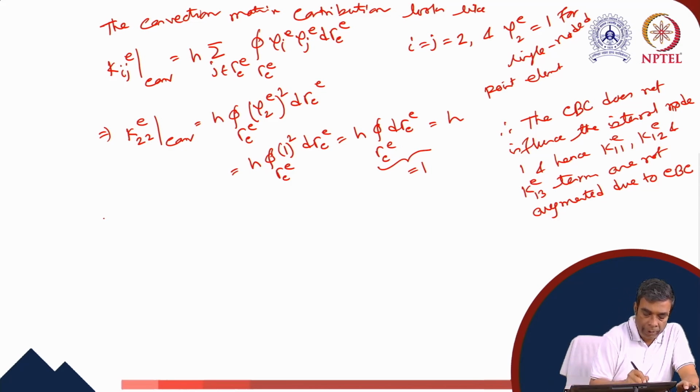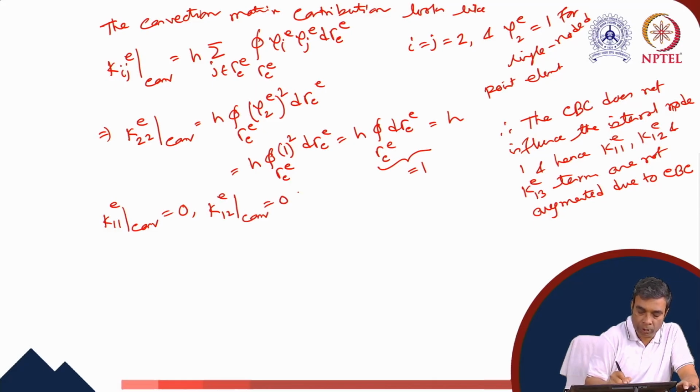So it means that K11E convection equals 0, K12E convection equals 0 and K13E convection equals 0.